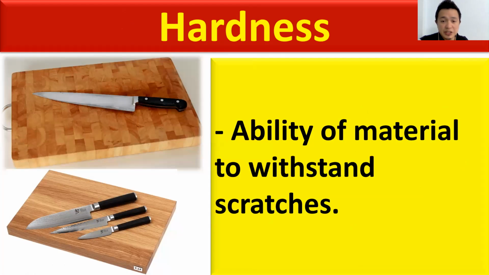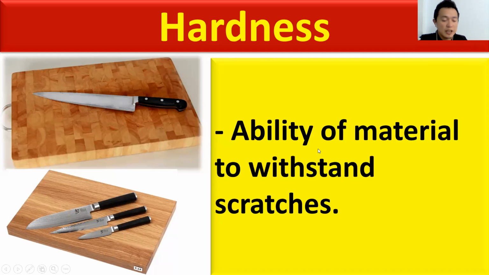Next, we have hardness. Hardness is the ability of material to withstand scratches. See, according here, the metal knife is harder than a wooden chopping board or cutting board. If you are going to slice the meat or any kind of vegetables on the chopping board, there will always be a scratch on it because of the knife, which is made of metal.